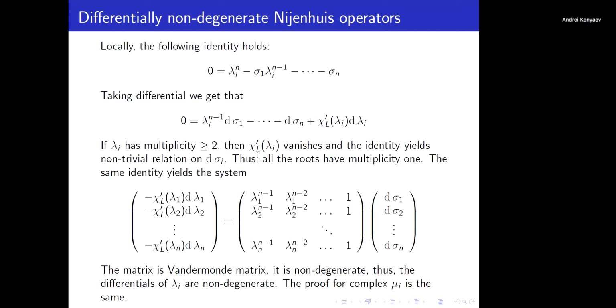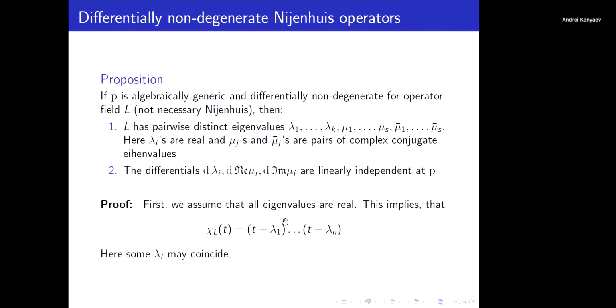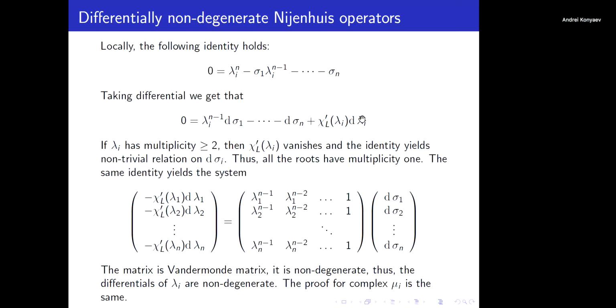If you have this power and you take a differential in t, and then you substitute lambda, you still get 0. So this part vanishes, and we get an identity on the differentials of the coefficients of the characteristic polynomial.